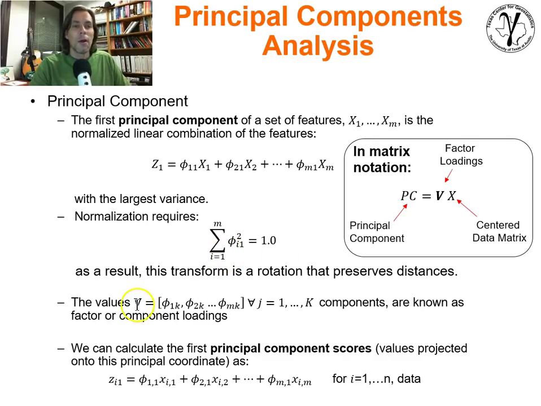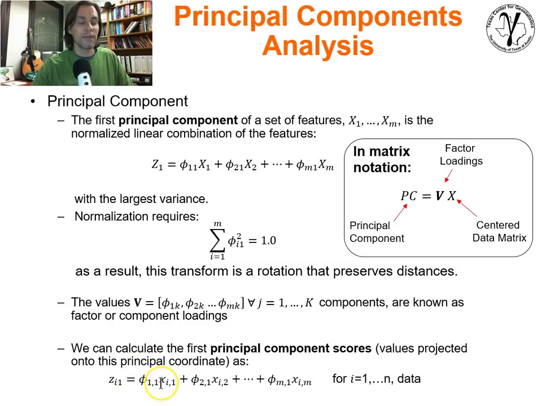Now this factor loadings matrix would simply be all of these coefficients, ordered over all of the principal components for each one of the variables in the columns. And so this would be a square matrix. We can calculate the first principal component score by simply taking each one of those loadings and applying them to the actual data value for each one of the data points i through n.